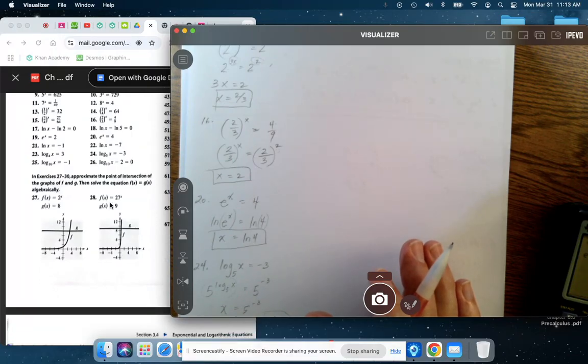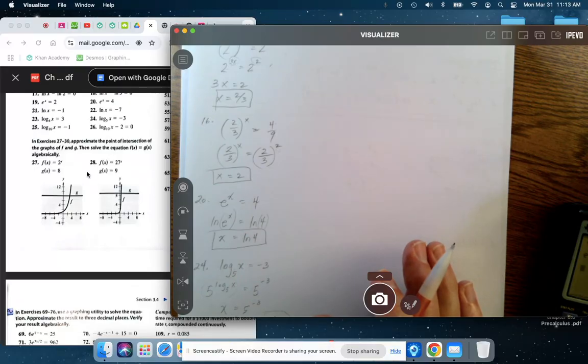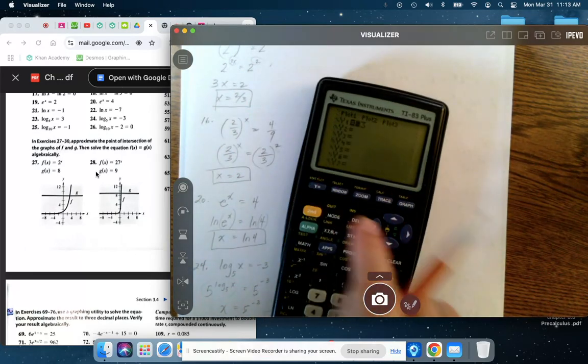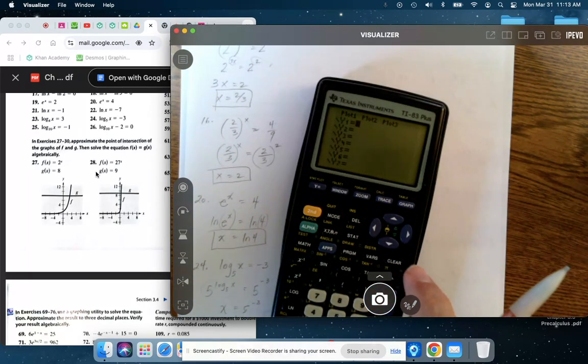So in the next section it says, approximate the point of intersection of the graphs of f and g, then solve the equation f of x equals g of x algebraically. So we're trying to approximate where the graphs intersect. So I could do that by simply graphing both of these. I'll go to y equal.